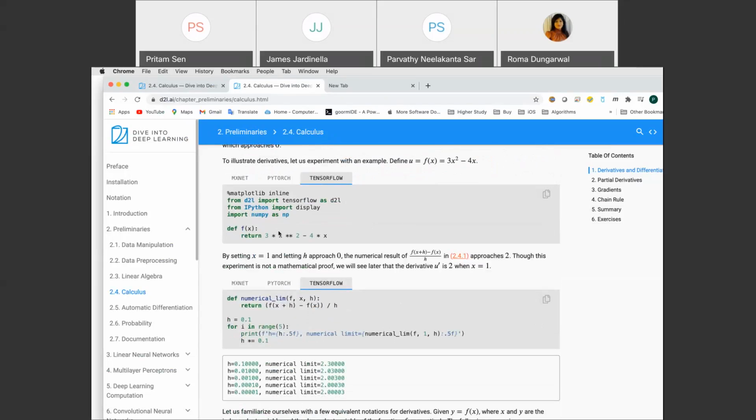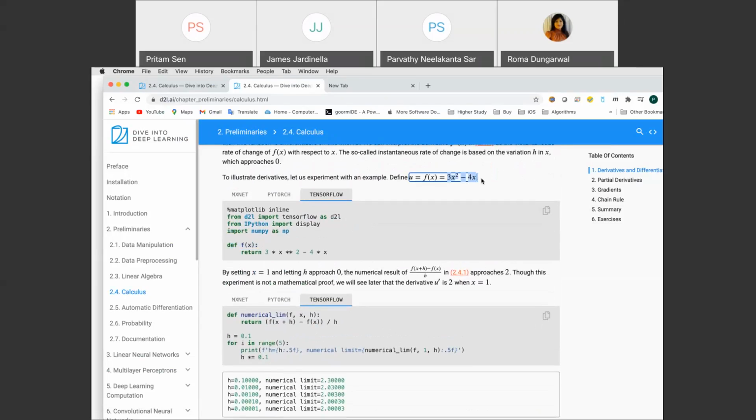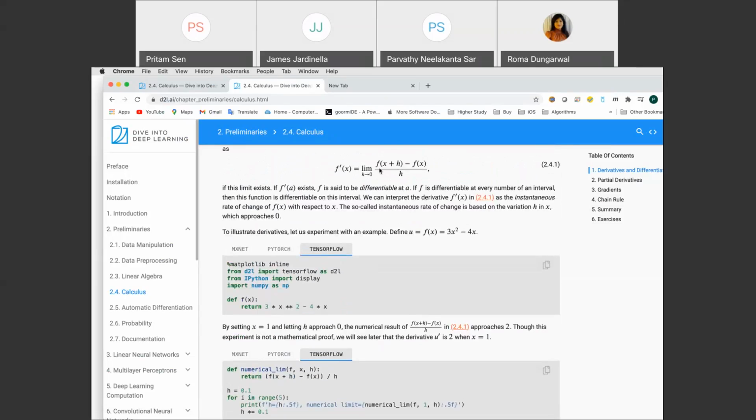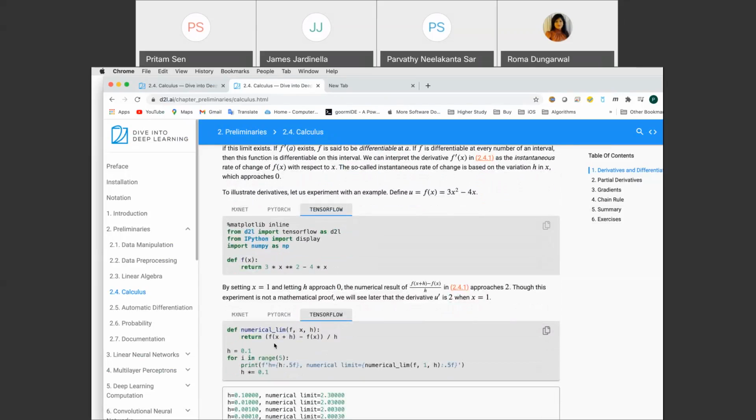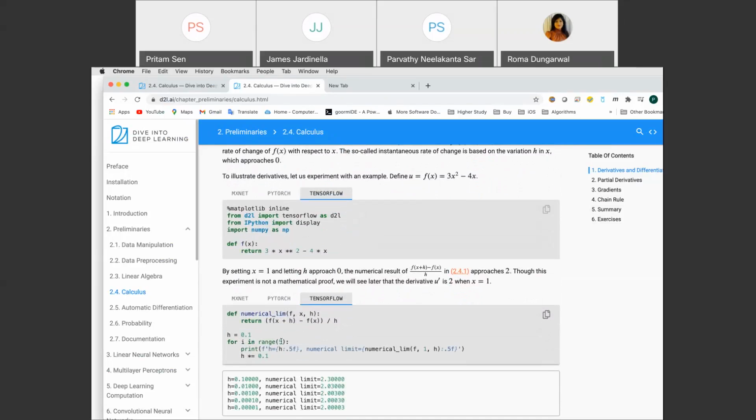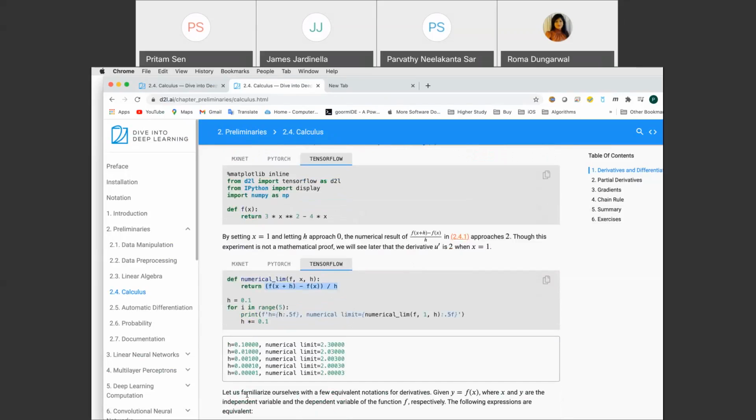So here it implements this function, function of x plus h minus function of x, divided by h. And for different values of h, it calculates this value, and it presents the value like this.